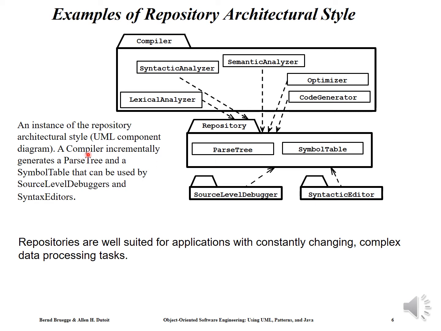So a compiler incrementally generates the parse tree and symbol table of this central repository that can be used by source level debuggers and syntactic editors.